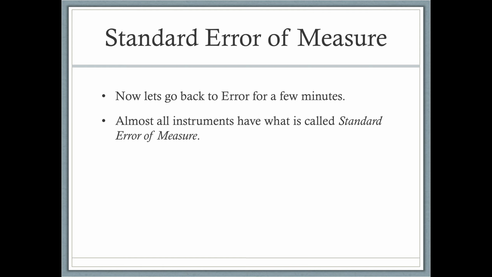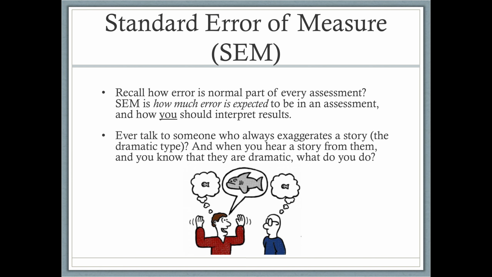This isn't accurate, right? So almost all instruments have what's called a standard error of measure, and that's what helps us manage the error that was in this NCE example. So remember, error is in every instrument.